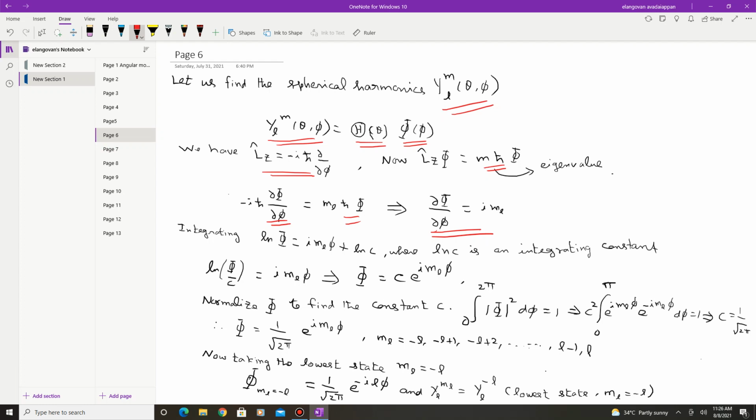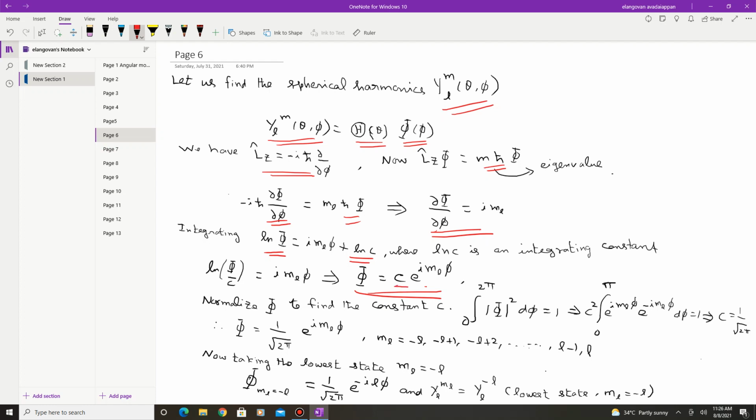If you integrate, the left hand side is the logarithm of phi, and the right hand side is i m l phi plus the integration constant, logarithm of c. Solving, the logarithm of phi by c is equal to i m l phi. So the phi part of the function is c e power i m l phi. This is the phi part that is determined.